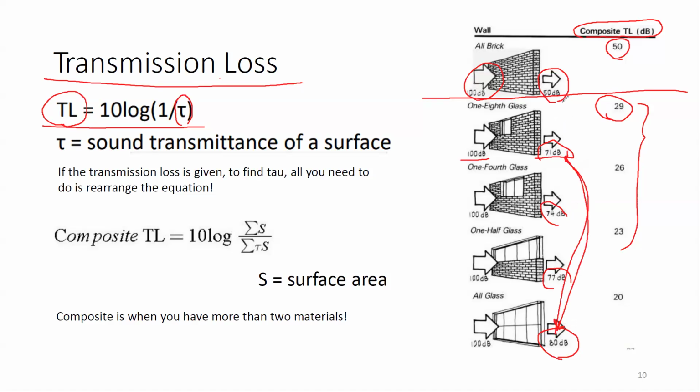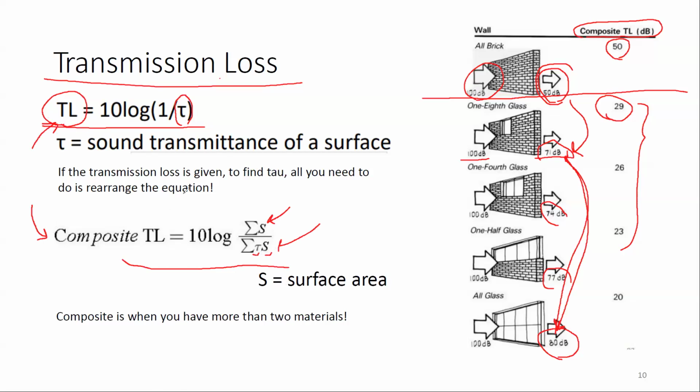And compare that transmission loss to this. Does that make sense? All right. Now, the overall concept here is that you get all the surface areas. You need to sum all the types of surfaces that you have, divided by tau multiplied by that surface area. So this is for transmission loss, and this is for composite transmission loss.